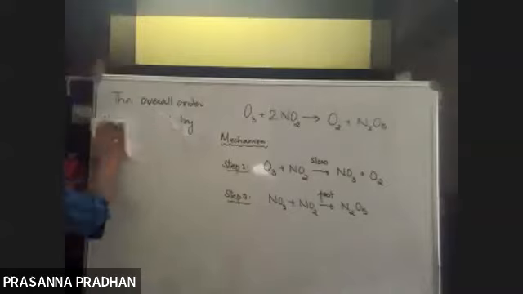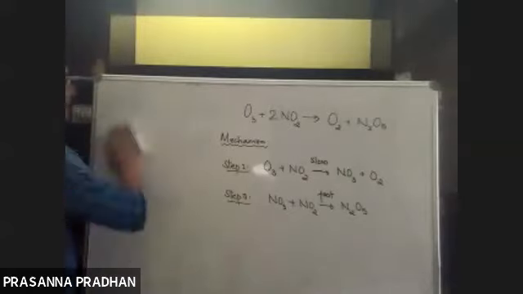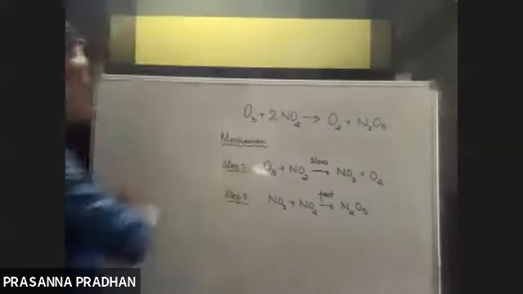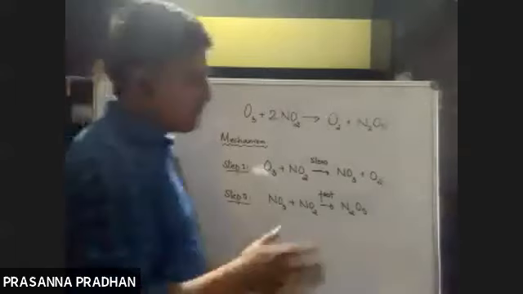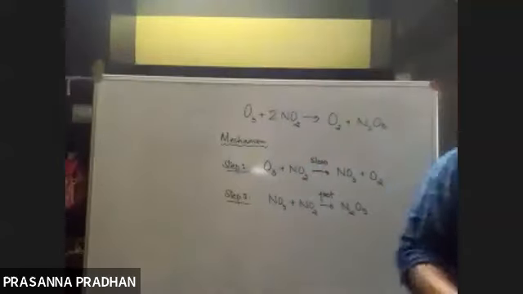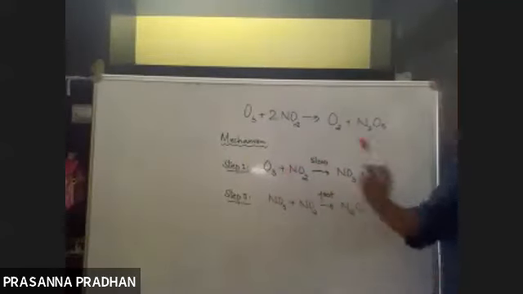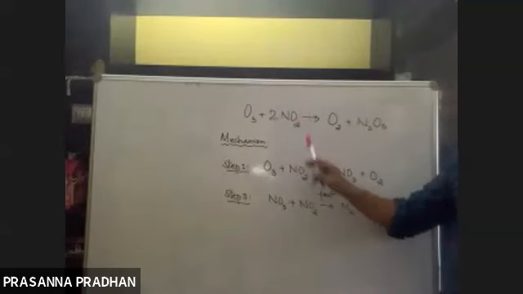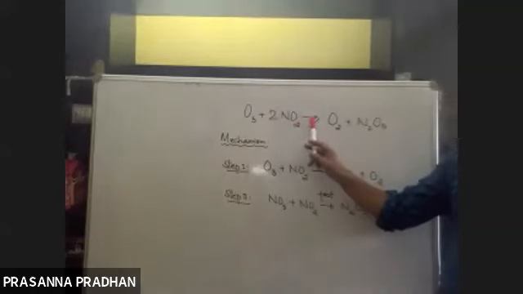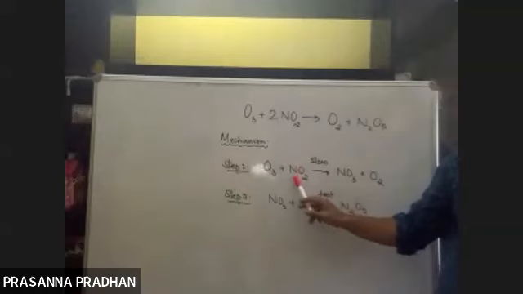So what will be the rate expression for this reaction then? What have we just said? In the case of complex reactions, each step has its own rate, and the rate of the overall reaction is determined by the rate of the slowest step.